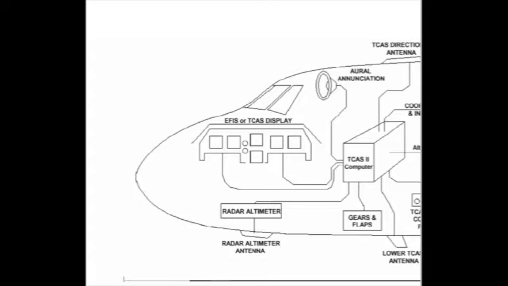The TCAS processor uses pressure altitude, radar altitude, and discrete aircraft status input from its own aircraft to control the collision avoidance logic parameters that determine the protection volume around the TCAS aircraft.